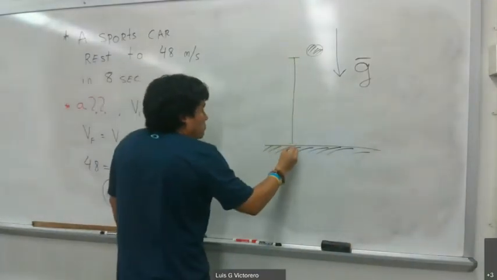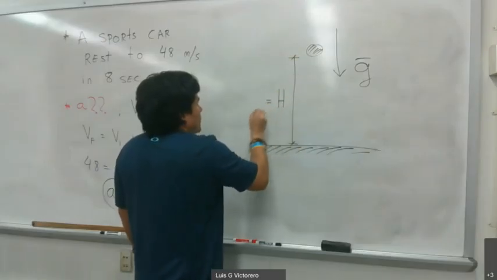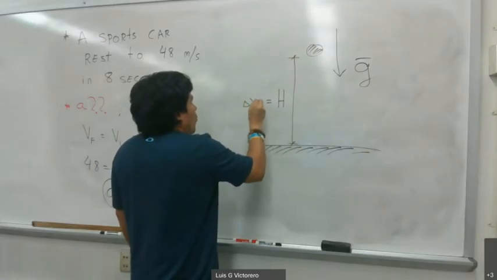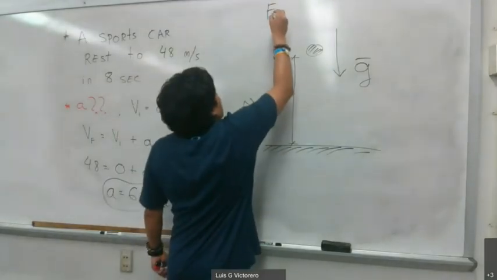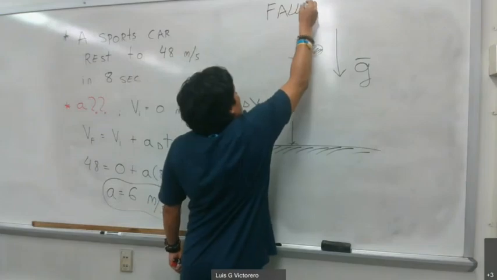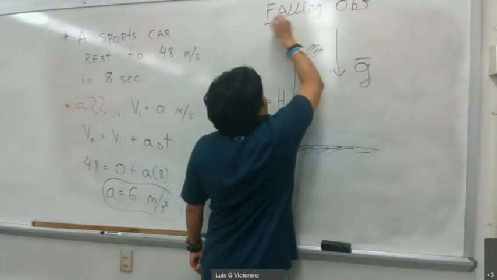And we know, which you can say this is delta y, vertical, right? Falling objects.